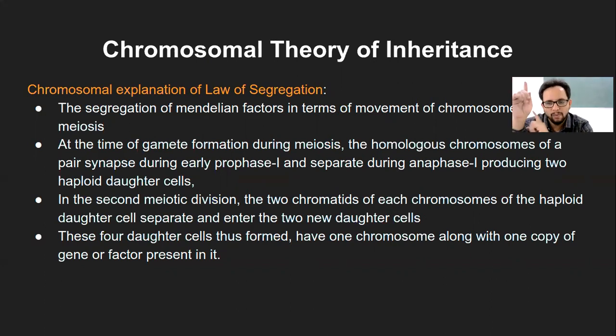During anaphase 1, they produce haploid daughter cells, that is a single set of chromosomes, and during the second meiotic division they divide and form two new daughter cells each. That way you get 4 gametes or 4 daughter cells which have only one copy of the chromosomes, that is one copy of each particular gene character.